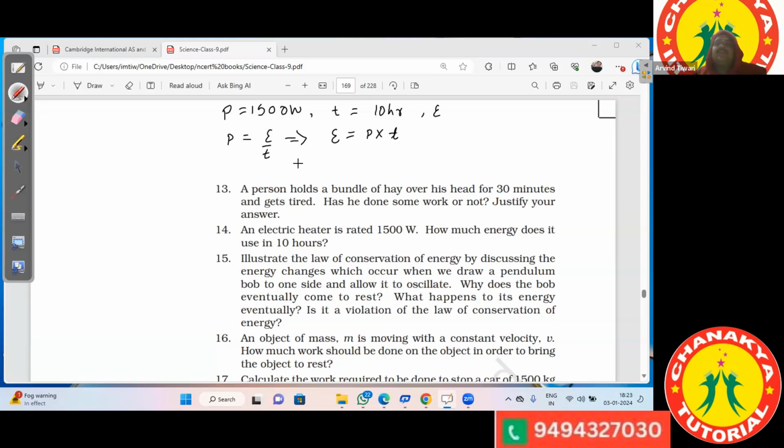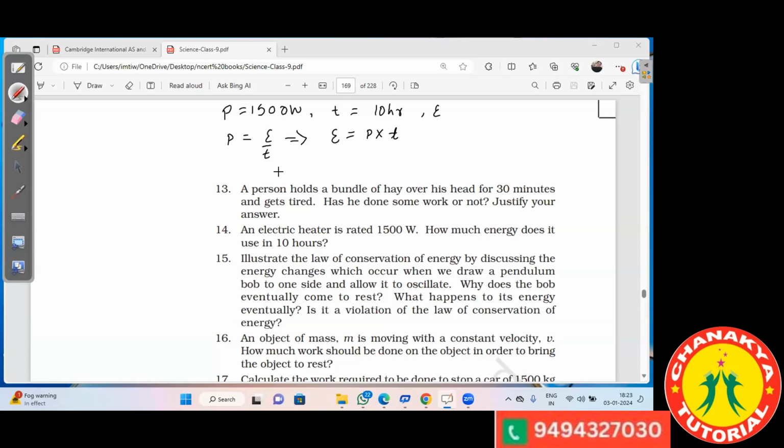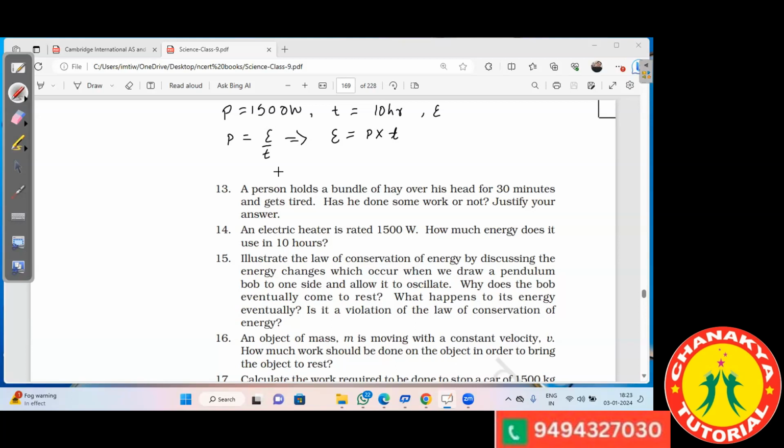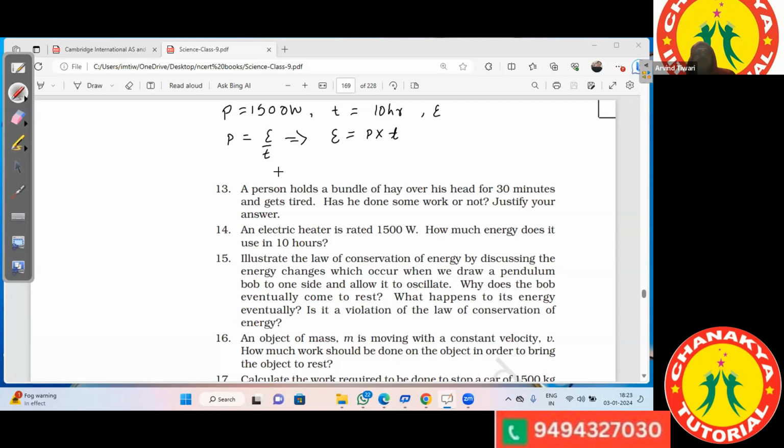Siddhisri, are we doing it correctly? Yes, sir. Okay. So what changes do we need to make before we put the values? Are there any changes which we need to make before we insert the values?